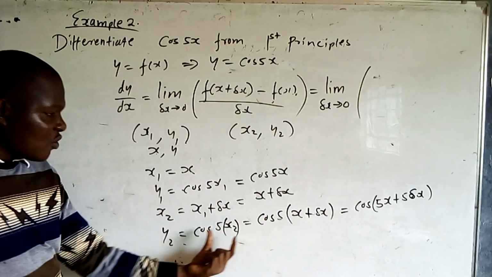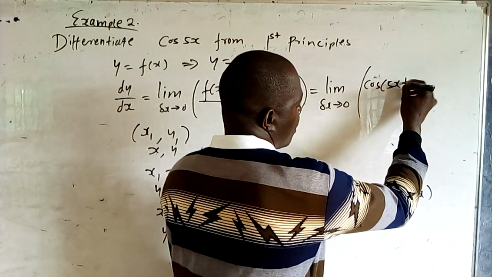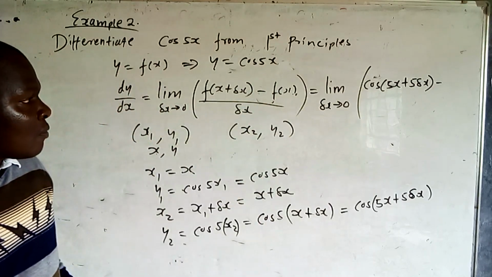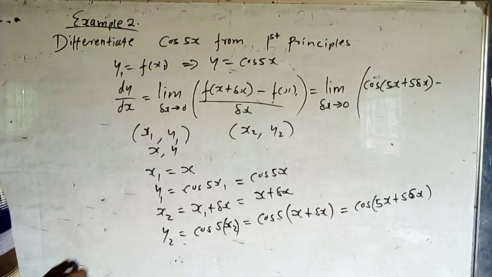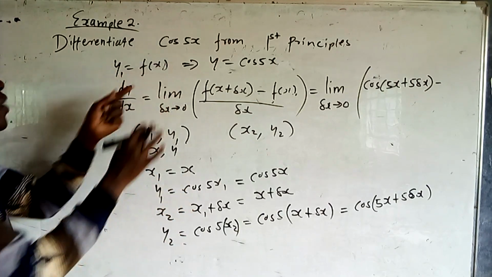Where is y2? y2 is cos of 5x plus 5 change in x, minus y1. Remember y1 is f of x1, but x1 is just x, so y1 is f of x.